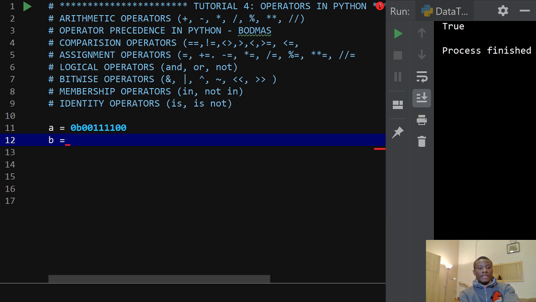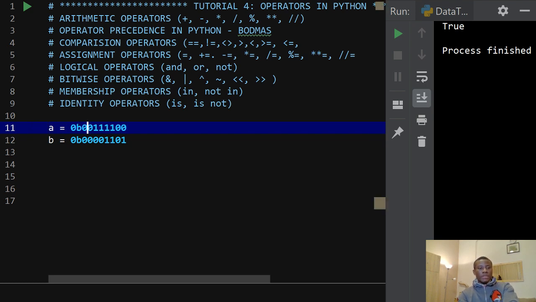So at this point, the compiler understands that this is a binary number. And B is equal to, the same way, 00001101, and I'm going to use 0B in front. If it's octal, you can use 0O, or 0x for hexadecimal. But now we are talking about binary numbers here.